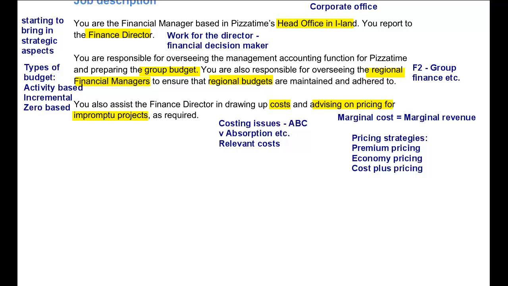Now, when you think of pizza restaurants, or you think of restaurants in general and fast food places, another strategy that could be relevant is things like optional product pricing and bundle pricing.